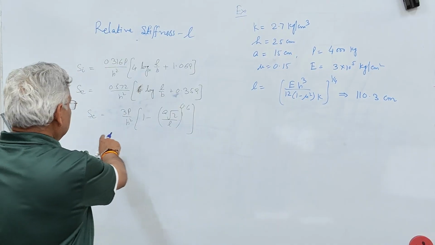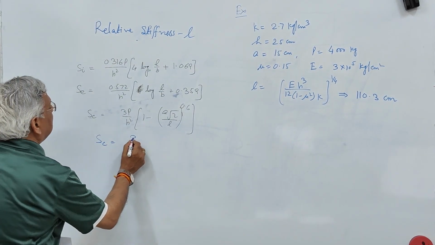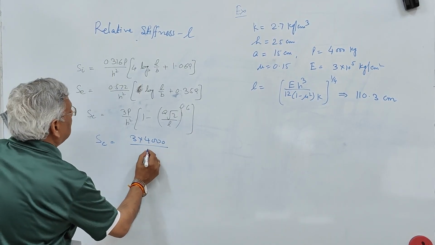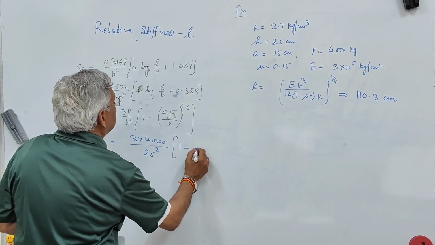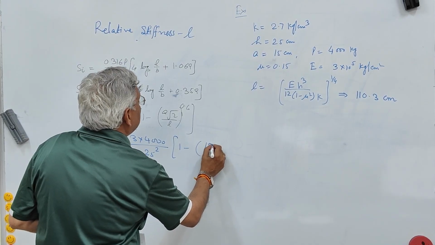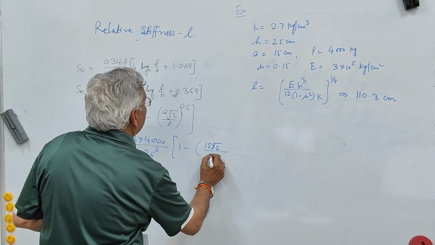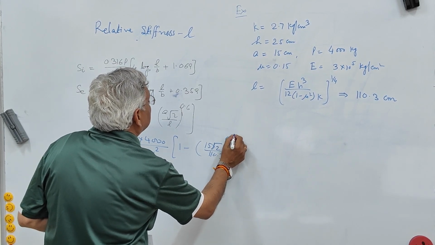Now put this value here, so you get the corner stress: 3 into 4000 upon 25 square, into 1 minus (A is 15 centimeter, root 2 upon L 110.3) to the power 0.6.